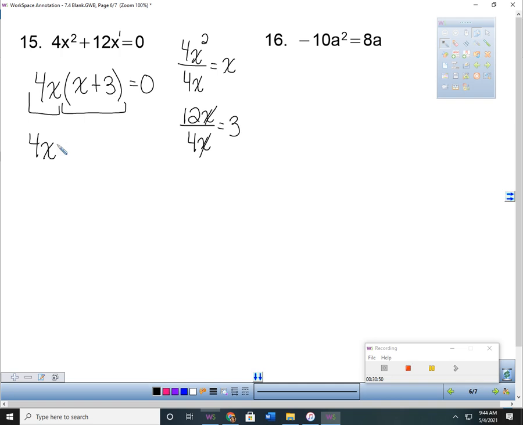So I'm going to take 4x and set that equal to 0, and the x plus 3 equal to 0. Divide by 4, x is 0. Subtract 3, x is negative 3.